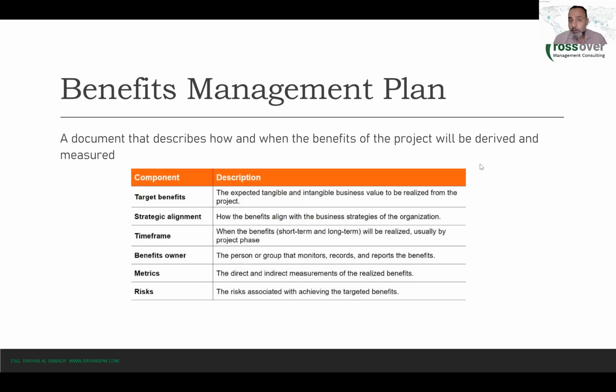Strategic alignment. So how is this project strategically aligned? Basically, how does this project support the strategic objectives of the company? So this is a very important thing. I want to make sure that any project that we are launching will help us achieve one of the strategic objectives.